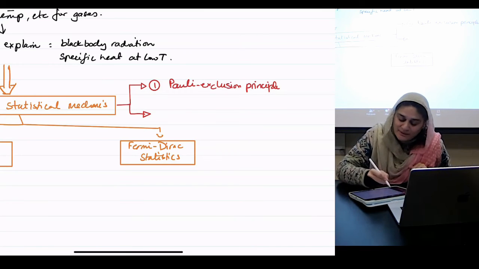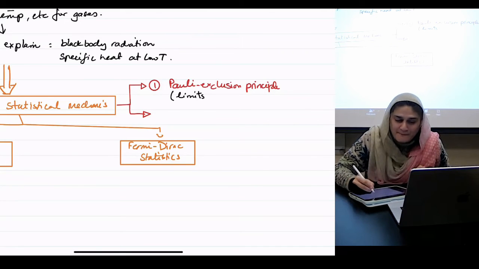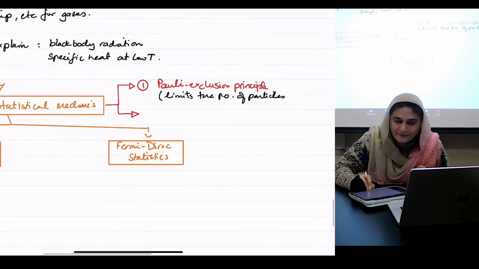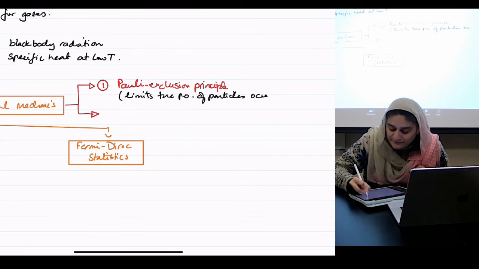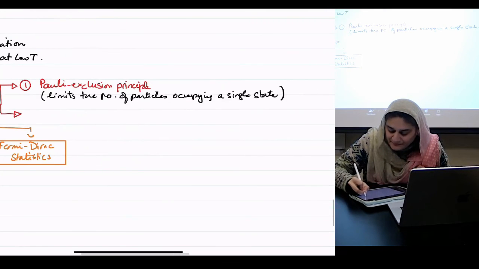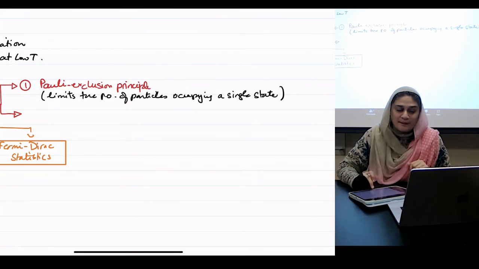Exactly. So Pauli's exclusion principle limits the number of particles occupying a single state. That's what it means. It just is a limiting thing that we will talk about.